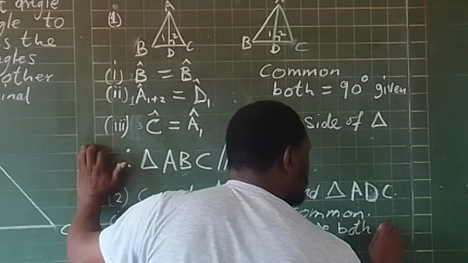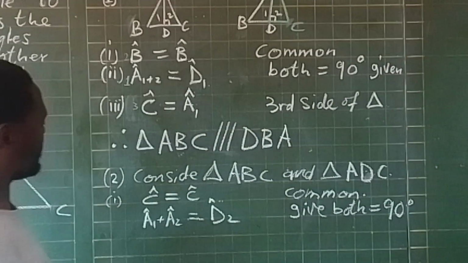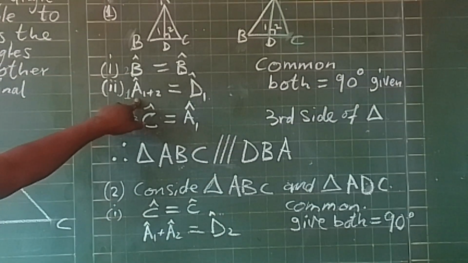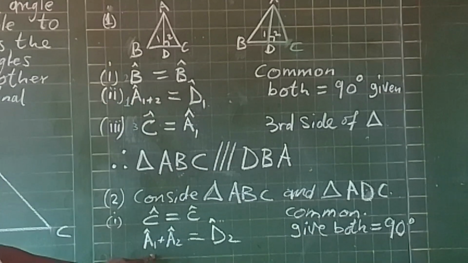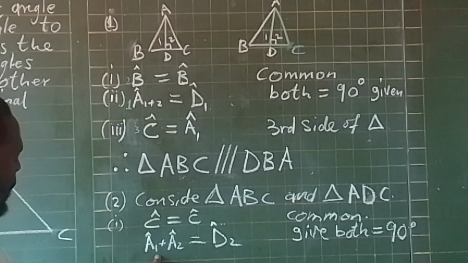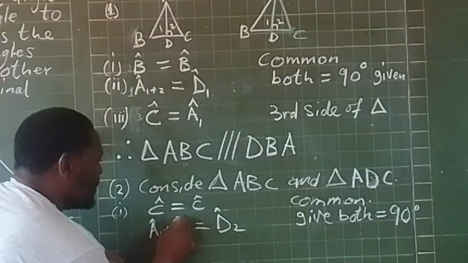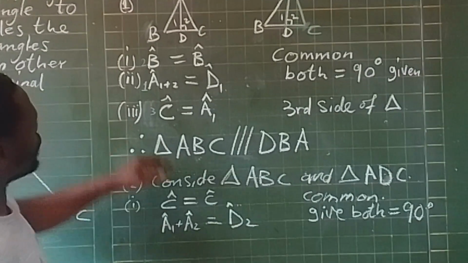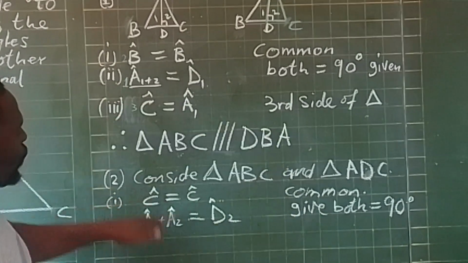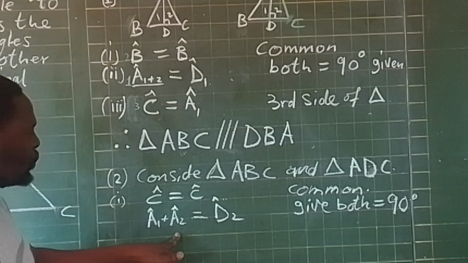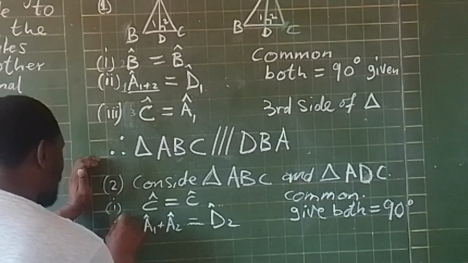Both are equal to 90 degrees. Remember, you can write your A1 plus A2 with a small subscript, or you can write A1 with a small subscript 1 and A2 with a small subscript 2. So it is acceptable to say A1 plus 2 or A1 plus A2. That does not matter.